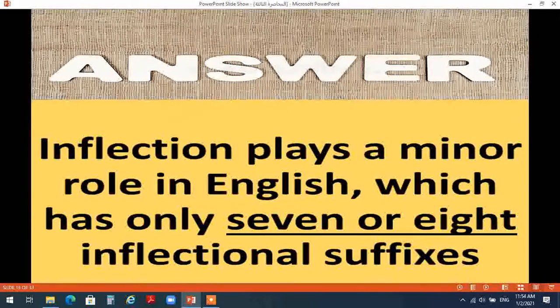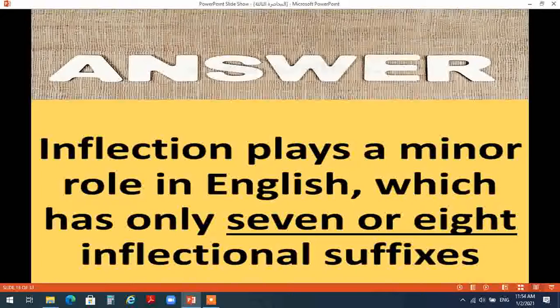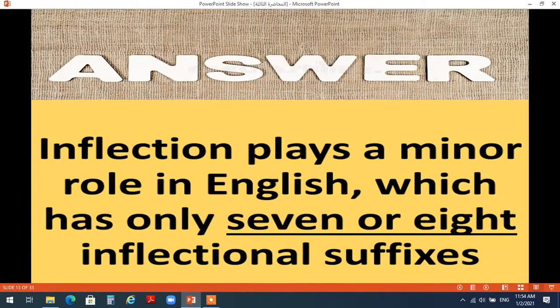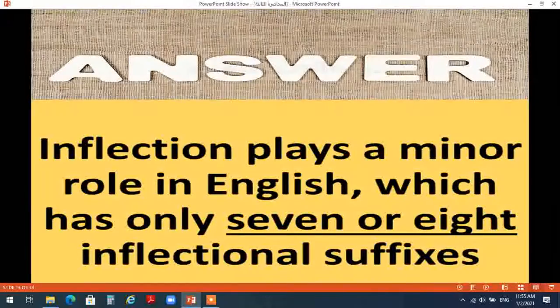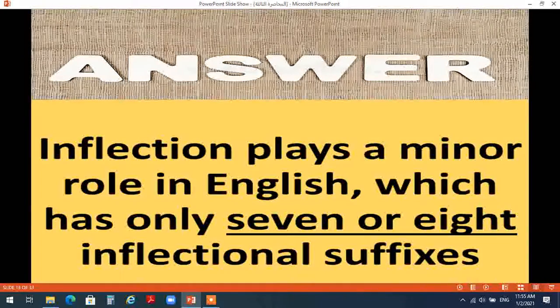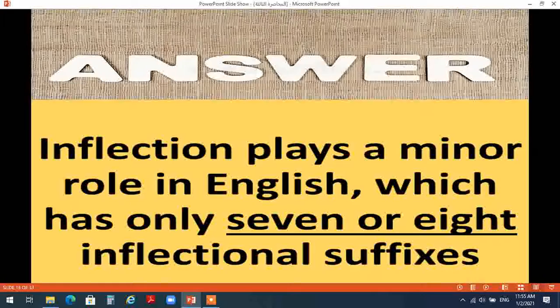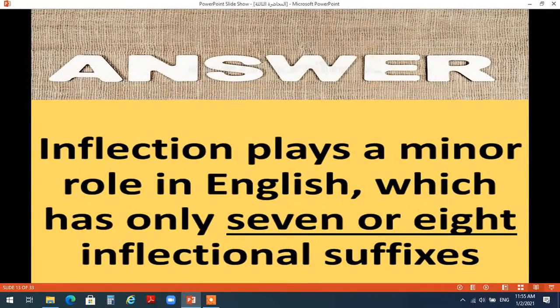إذن دور inflection باللغة الإنجليزية ليس بالدور الكبير، ليس بالدور الأساسي، ليس بالدور المهم جدا كما هو الحال في اللغة العربية كما سنرى لاحقا. إذن inflection plays a minor role in English because it has only 7 or 8 inflectional suffixes. بسبب هذا العدد المحدود من inflectional suffixes، يمكن أن نقول إنه inflection plays a minor role.